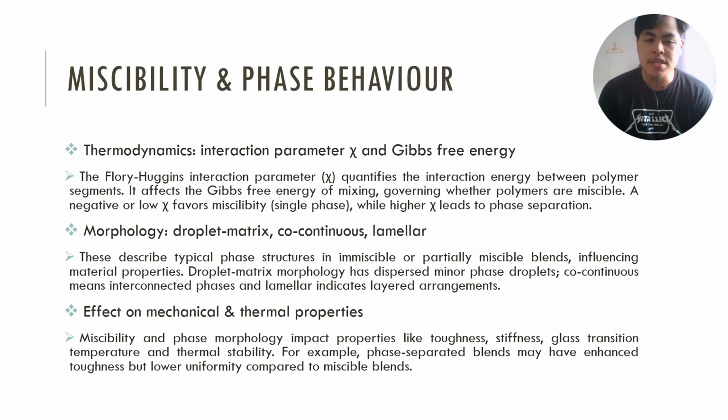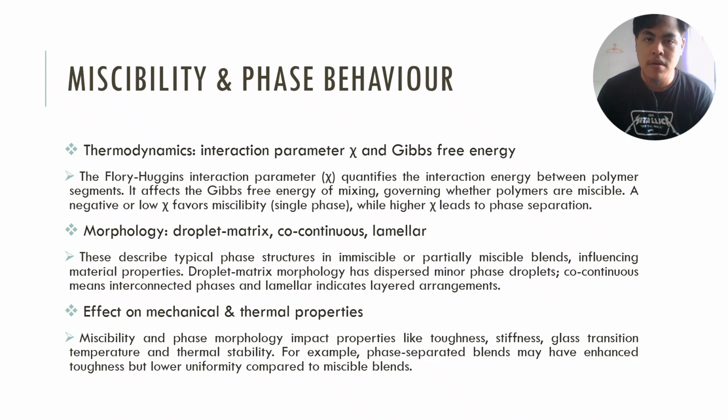The last one is effect on mechanical and thermal properties. Miscibility and phase morphology impact properties like toughness, stiffness, glass transition temperature, and thermal stability. For example, phase-separated blend may have enhanced toughness, but lower uniformity compared to miscible blends.